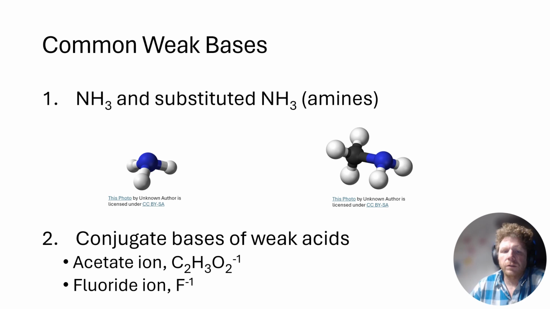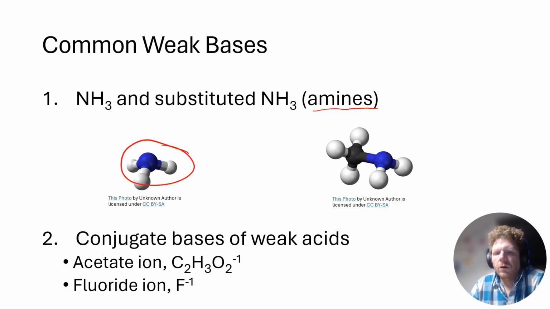Now, there are some common weak bases that you'll see. Ammonia, NH3, and substituted NH3. So an amine, that's a class of compounds. So ammonia, NH3, and here is our NH3, where we've replaced one of those hydrogens. Rather than NH3, we've put this group right here, the CH3 on it.